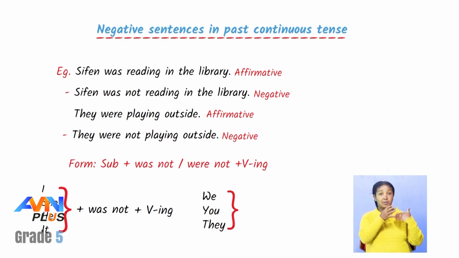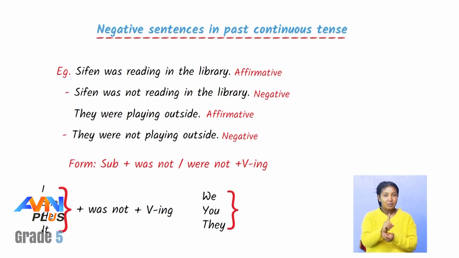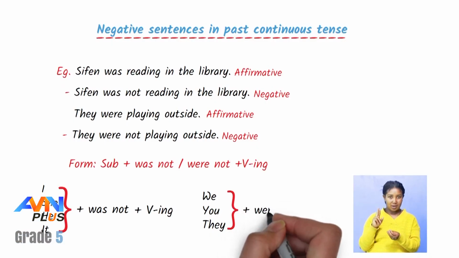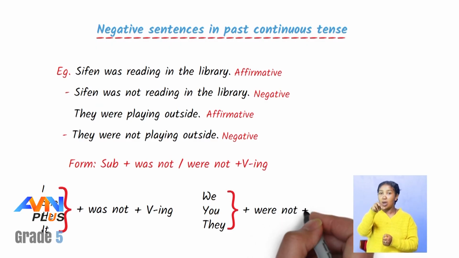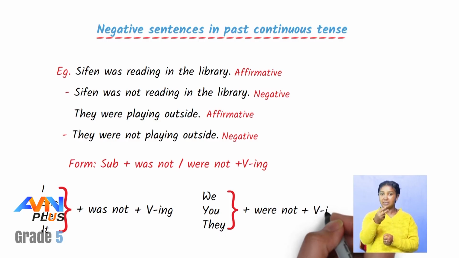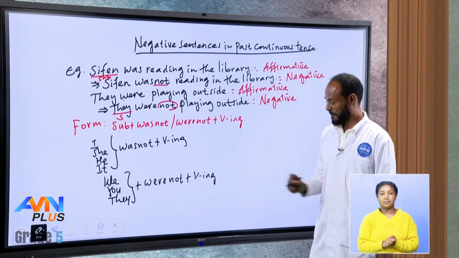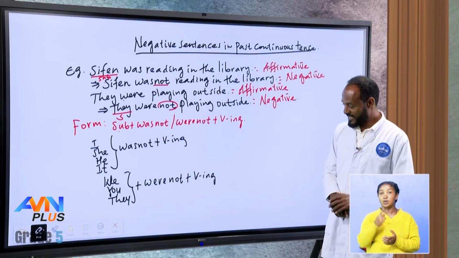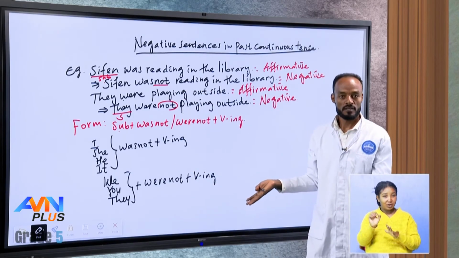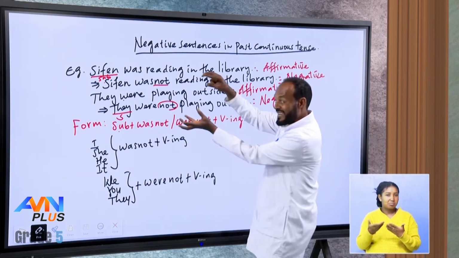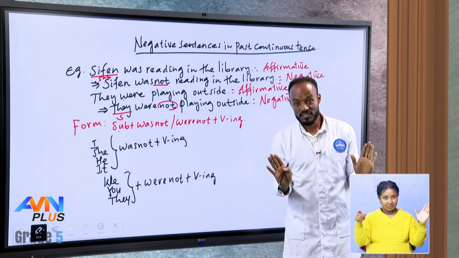If the subject is we, you, and they, we have to put were not plus verb-ing. You were not, we were not, they were not plus verb-ing. Look, students, from the sentence, we derived the form easily. So don't worry, because you can get the form from the given sentence. I hope it's clear. Isn't it?